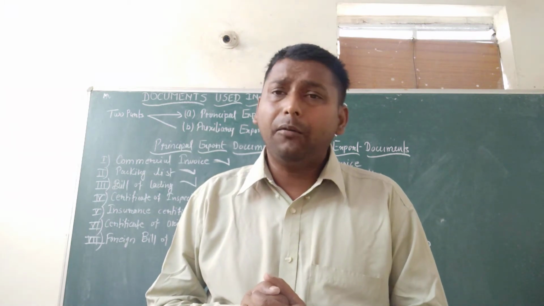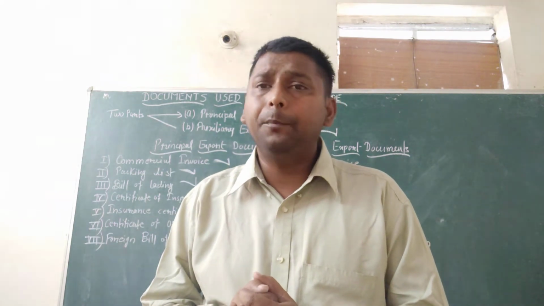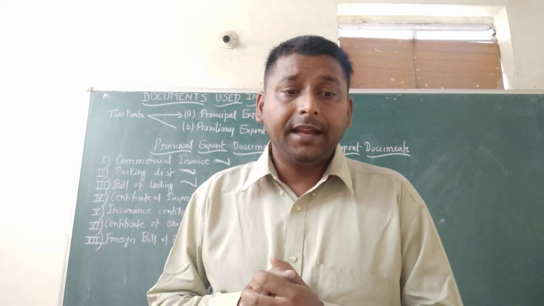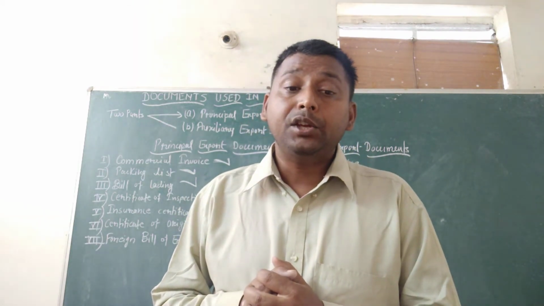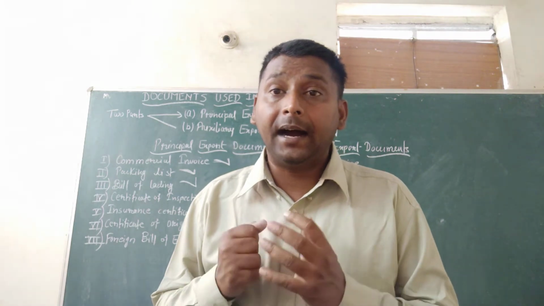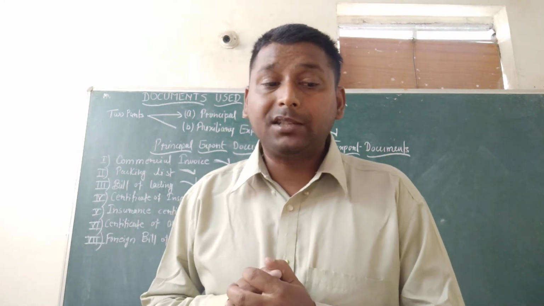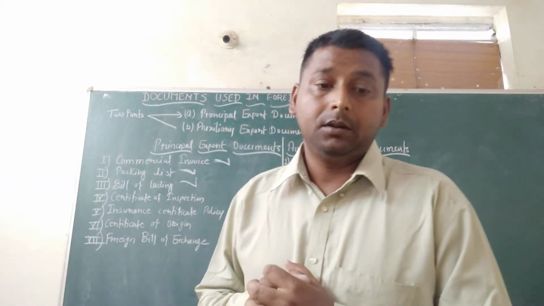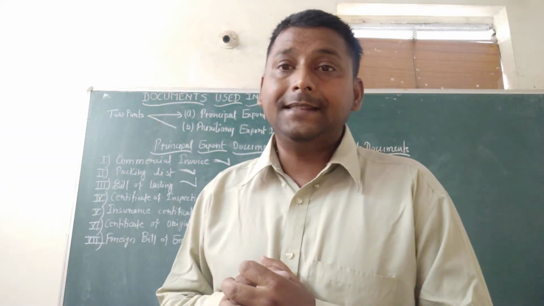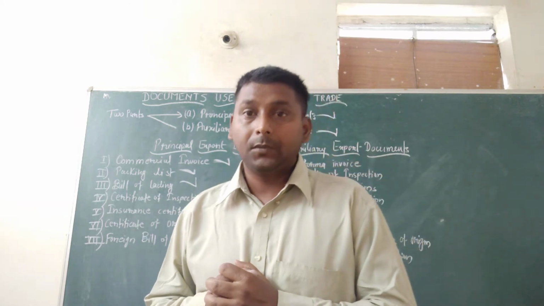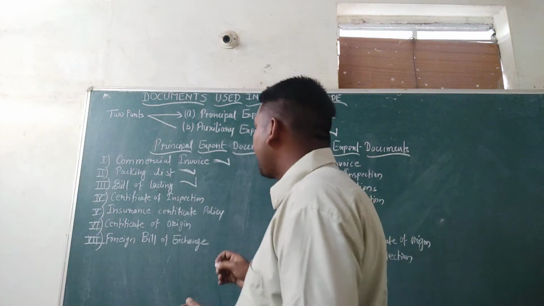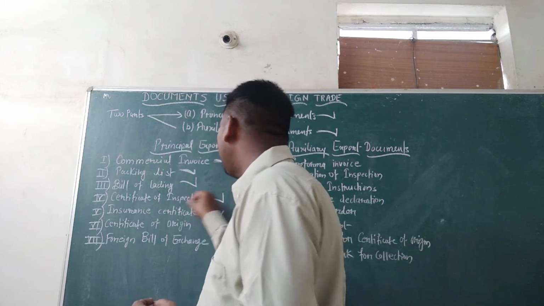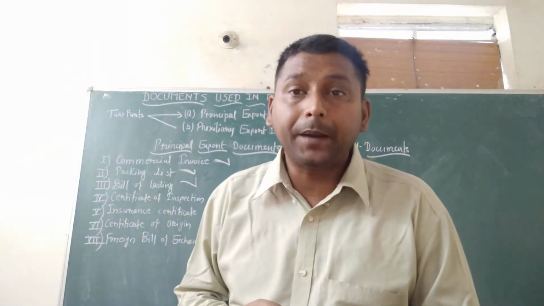Bill of lading is an important document in export trade. It is issued by the shipping company against the mate's receipt issued by the captain of the ship or his assistant. The next point is certificate of inspection.